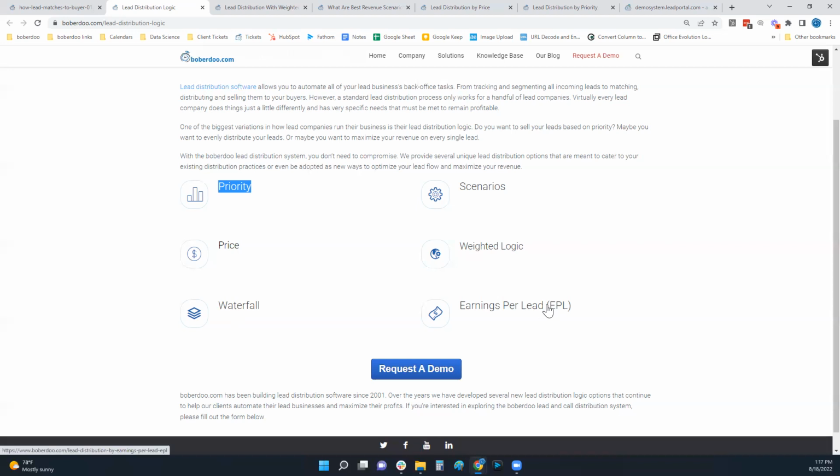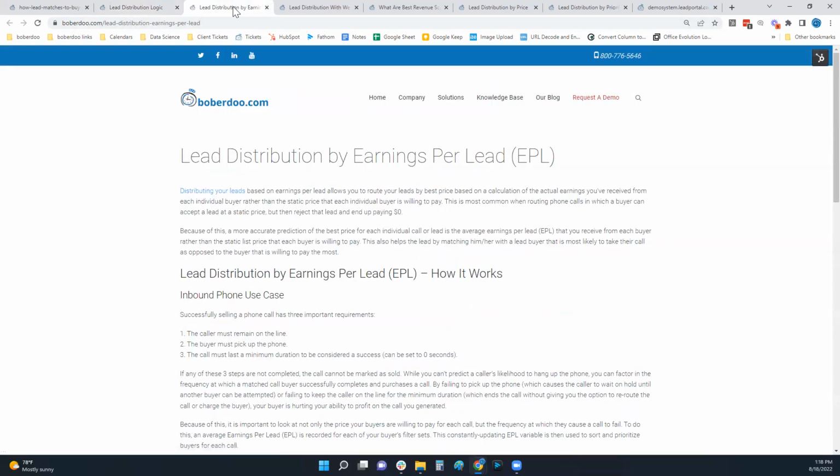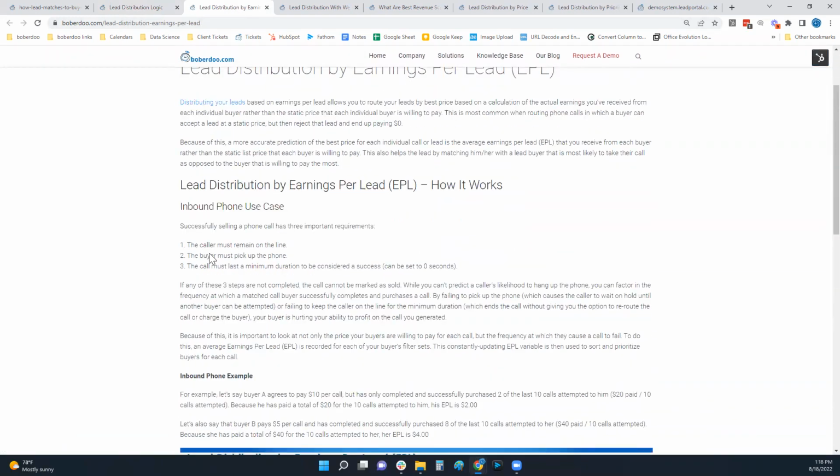The earnings per lead calculation is specific to inbound phone routing. So if you do route calls, this is a way essentially to maximize your opportunity, which is that incoming call. Essentially, we are calculating the revenue per attempt for each filter set in your system.